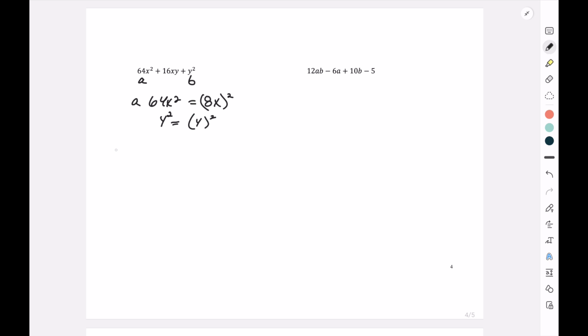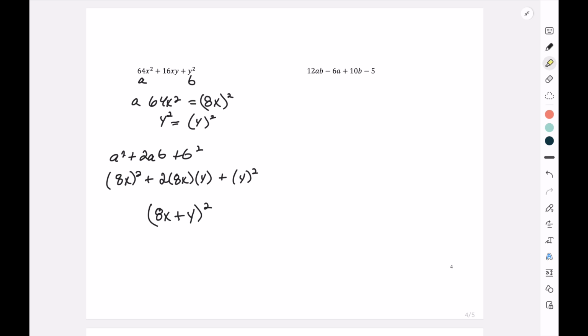If we look at using our form, we would have a squared plus 2ab plus b squared. Plugging those values in, 8x squared plus 2 times 8x times y plus y in parentheses squared. And so our answer would be 8x plus y in parentheses squared.